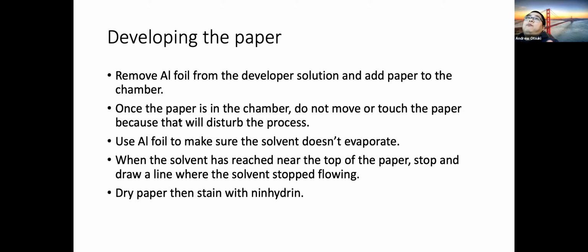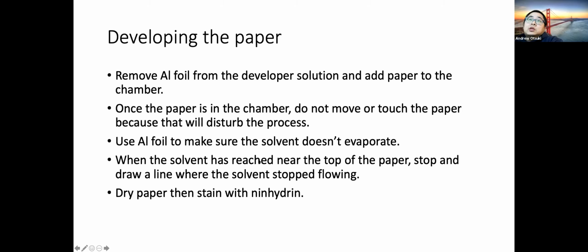And then once the paper is in, you don't want to disturb it, because that will disturb the process of the solvent running up the paper and moving the spots. That can cause issues with how they appear at the end. We're going to use aluminum foil to cover the beaker so the solvent doesn't evaporate, because that can cause issues with the process too.